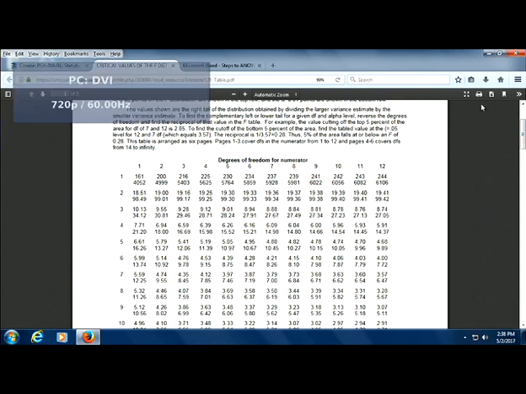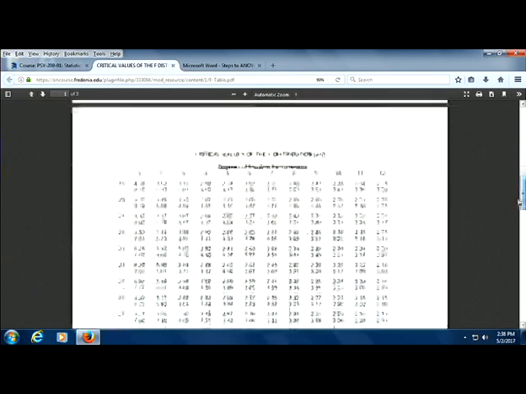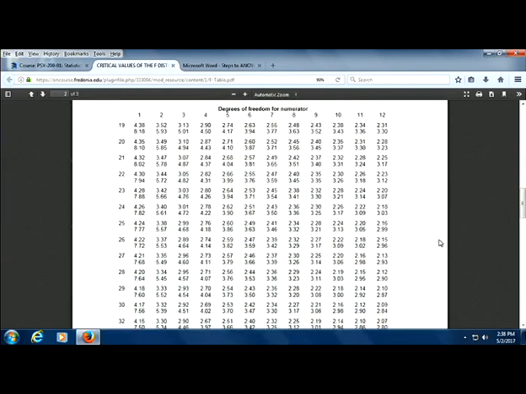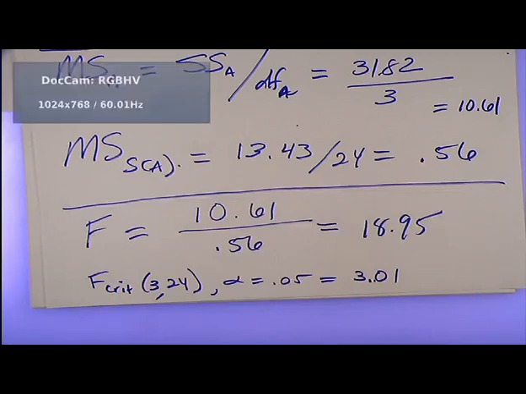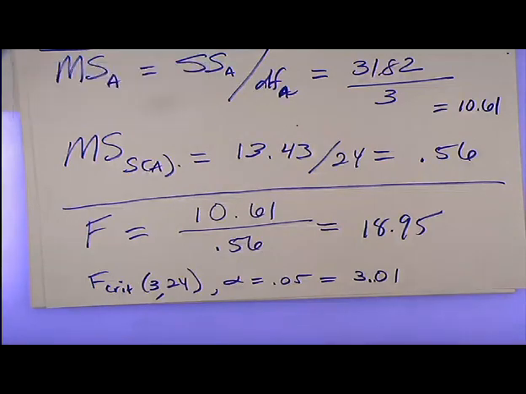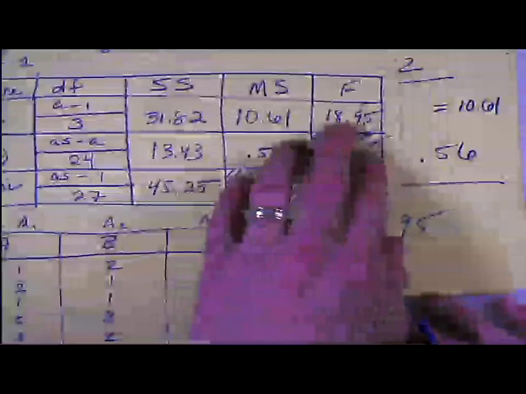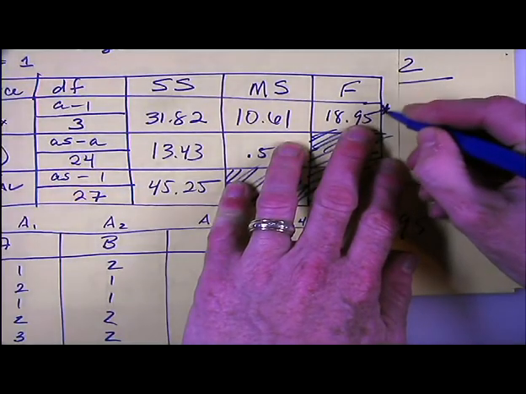So numerator 3 and 24 degrees of freedom. This is the next page here. Okay. And we're going to do 0.05, so it's going to be the top there, is 3.01. Okay. And it's just absolute value. Because remember, there is no negative in an analysis of variance at this point. Okay. So our 3.01 and our value got to be 18.95. Okay.